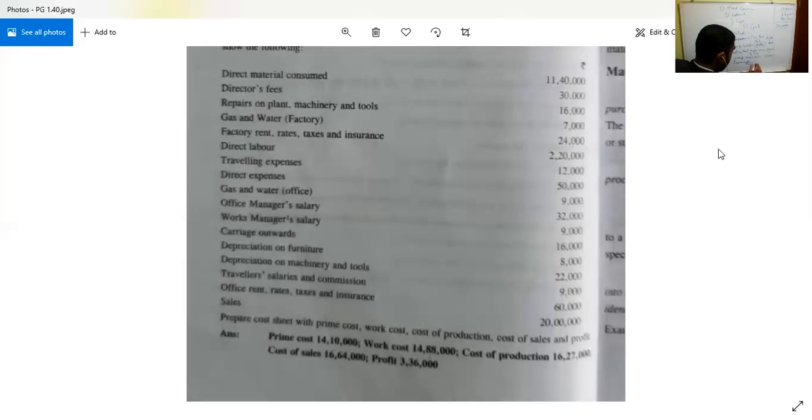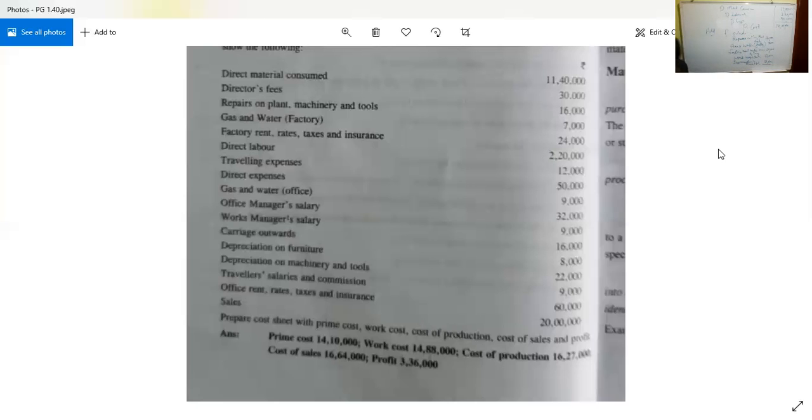Machinery is not in office, it is in factory. So this needs to be added. Depreciation on machinery and tools, it is 22,000.